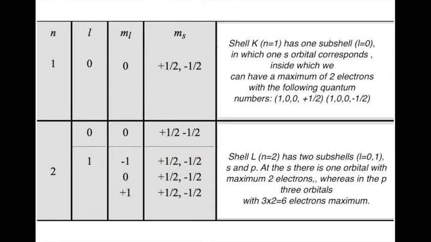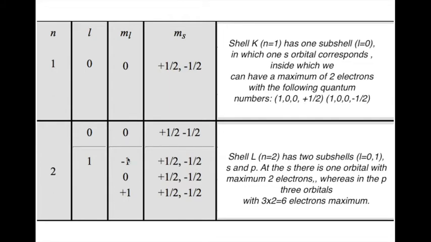Now let's look at the shell 2, the L shell. How many subshells does it have? We look at the l number, which can be 0 or 1. The ml is 0 for l=0, and for l=1, minus 1, 0, plus 1. This is 2s, and this is 2p. So we got three 2p orbitals. Now, how many electrons can each orbital take? 2.